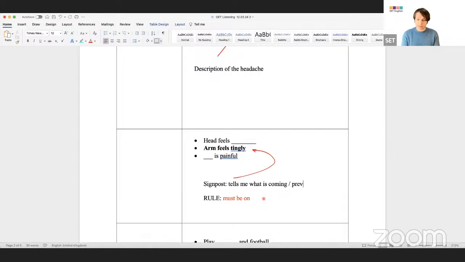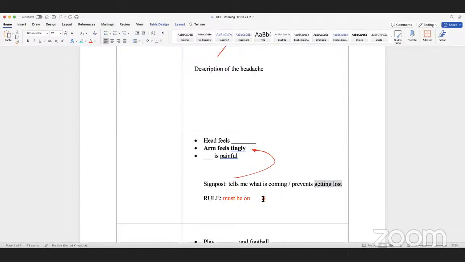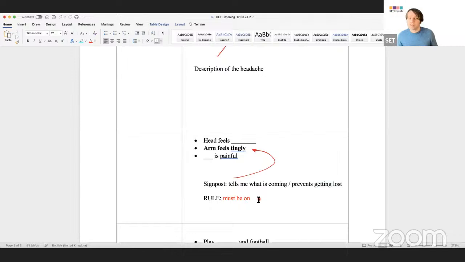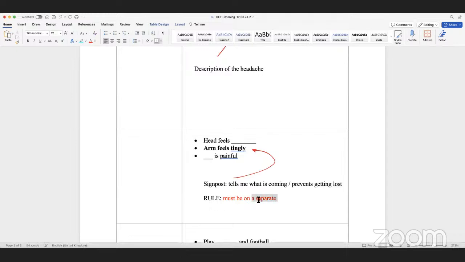It prevents us from getting lost. Right. But the rule is the signpost must be on a different line, separate from the gap.